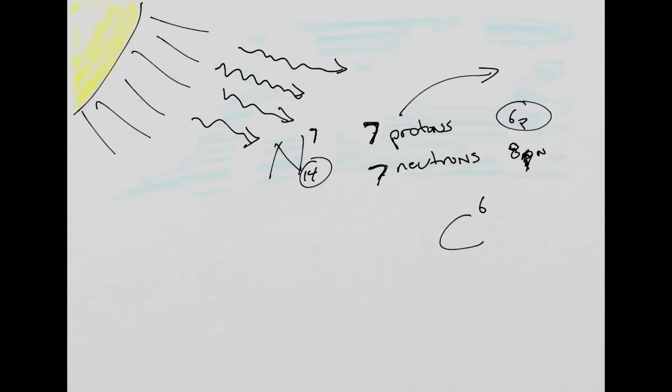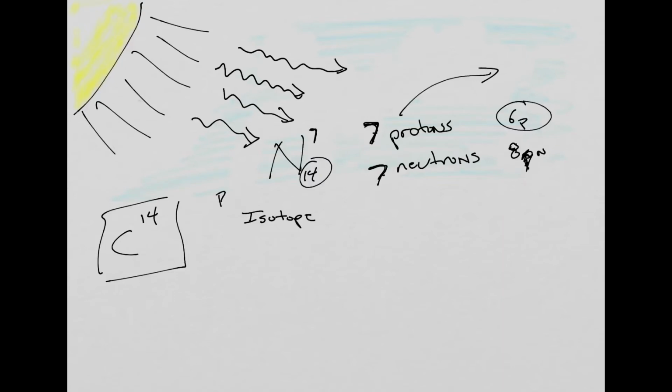So we call this carbon-14. Now, carbon-14 is a radioactive isotope. It doesn't want to remain carbon-14. It wants to return back to being nitrogen, which it will do. Eventually it will release a beta particle, and it will return to being nitrogen-14.